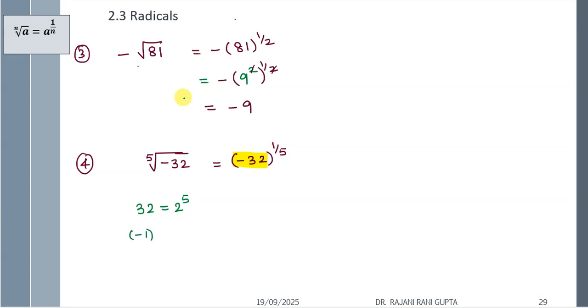You know that minus 1 to the power 5 gives you minus 1. Knowing these two things, you can write minus 32 as minus 1 times 32. Now in place of minus 1, you can write minus 1 to the power 5, and in place of 32, you can write 2 power 5.